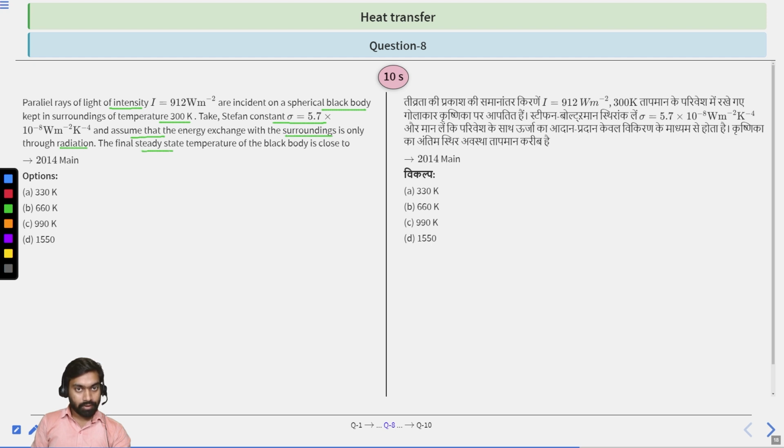The final steady state temperature of the black body is close to what? Option A is 330 K, option B 660 K, option C 990 K, and option D 1550. So which one is correct? You have 10 seconds to solve this question. After 10 seconds, we will provide the solution.